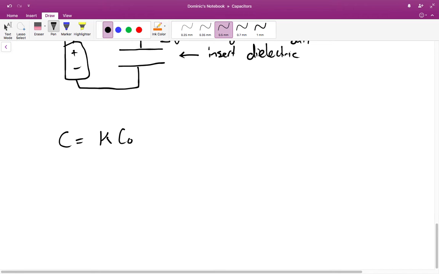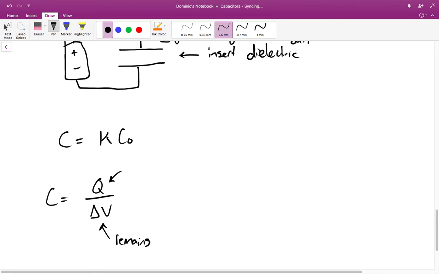So again, capacitance is equal to Q over delta V. All right, and so if delta V remains the same, then that means that the charge is going to change.